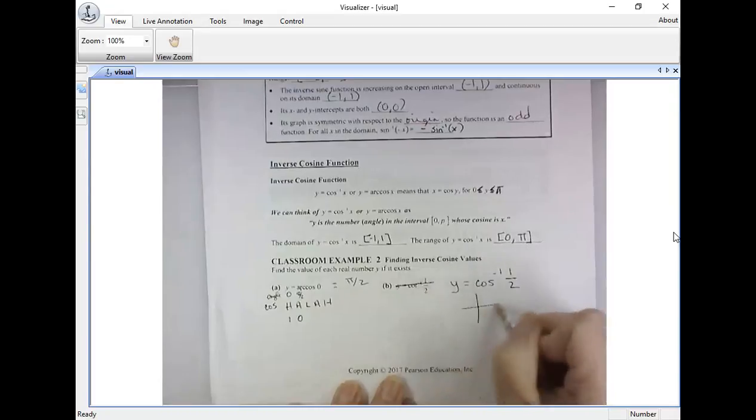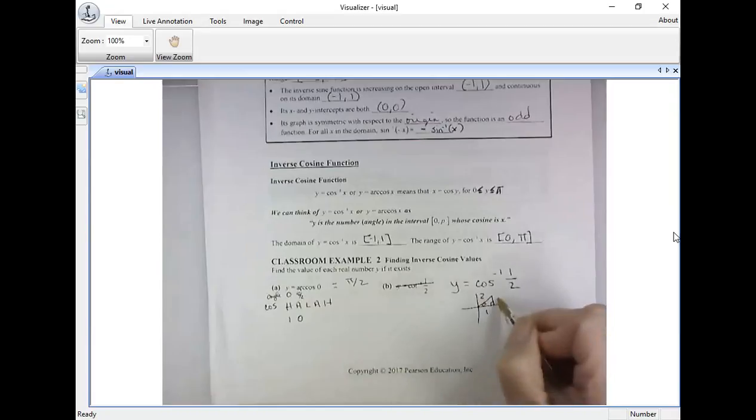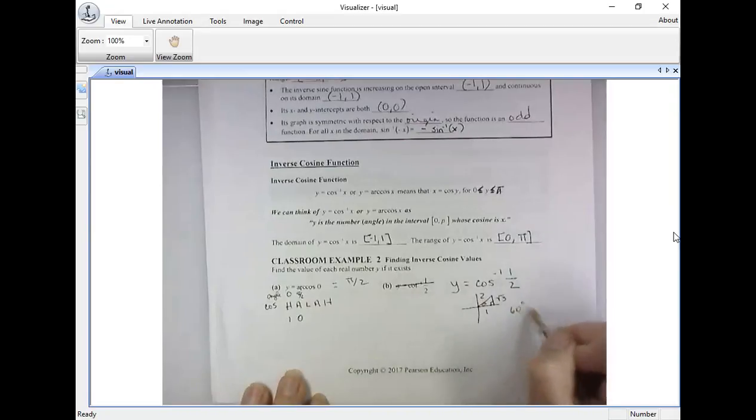So if it's positive, I've got to be in which quadrant? If I draw myself a triangle in quadrant 1, cosine is what over what? Adjacent over hypotenuse. Does this look like a special right triangle? It does. And this side would be square root of 3. So what would be the angle measure whose cosine is 1/2? Very good. That would be 60 degrees, which is pi over 3.